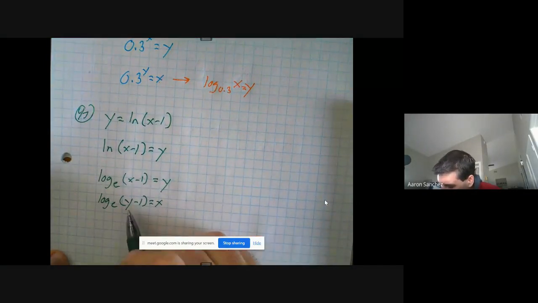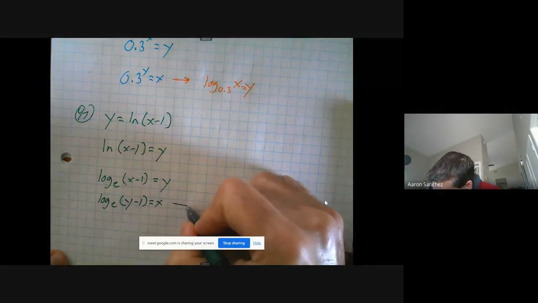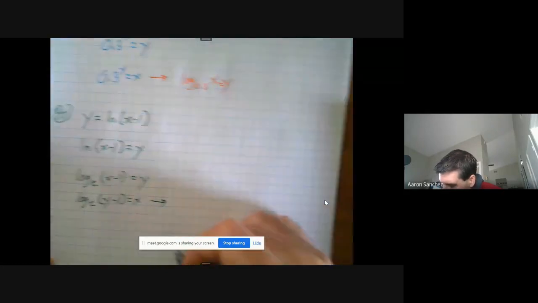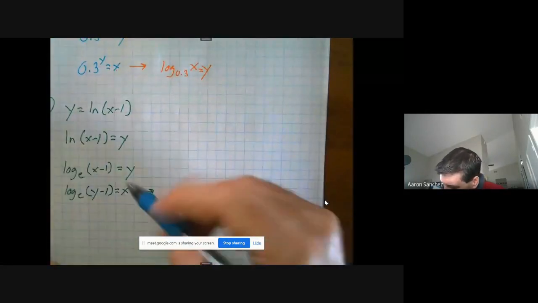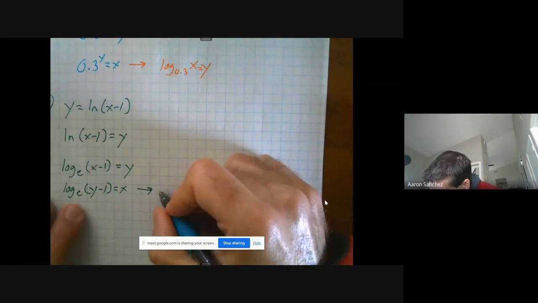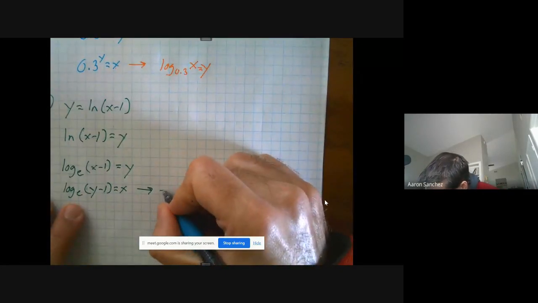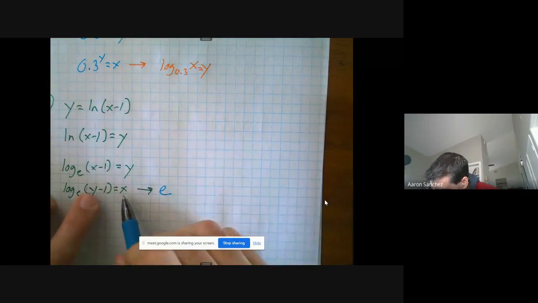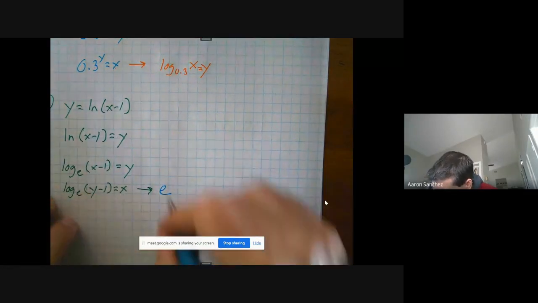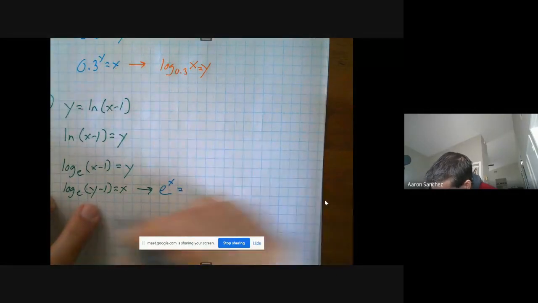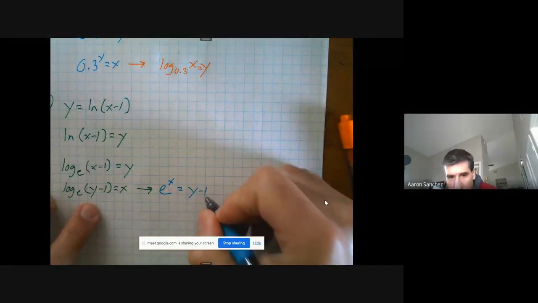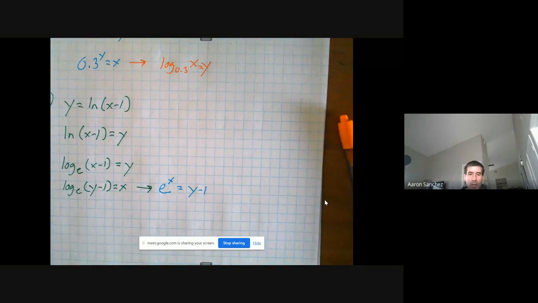The y is all in there, but don't worry. Let's just put it in exponential form and see what happens. Log base e, switch the x and the y, e raised to the x equals y minus 1. Okay, so far so good.